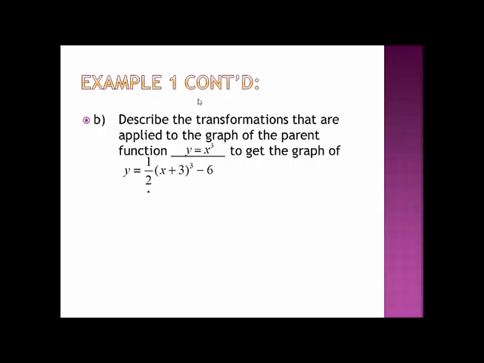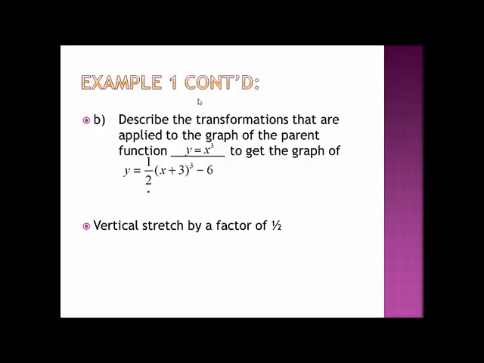The proper order is SRT, where S is stretches and compressions, R is reflections, and T is translations. So we know that we have an a value that's half, so we're going to say for our purposes that we have a vertical stretch by a factor of half. There is no horizontal stretch or compression, and there are no reflections.